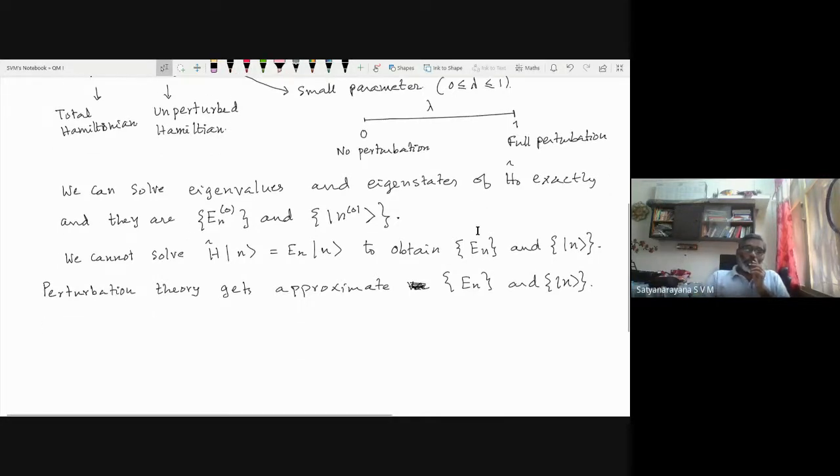Now, there are two cases. The first one is we will try to look at the simplest case. So the first thing that we will do is what is called non-degenerate perturbation theory.